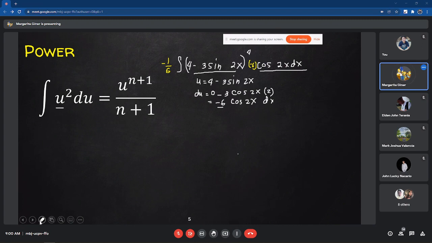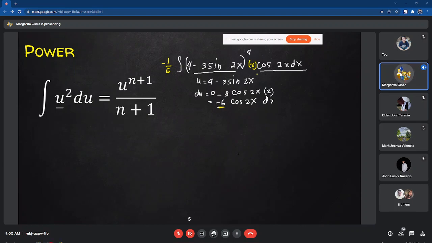Okay? So, kung magdugang ka sang negative 6 para mag-match ang du mo, ma-multiply ka man sang negative reciprocal niya. Okay? So, amo na ang reason kung ngaa nag-multiply kita fraction diri.